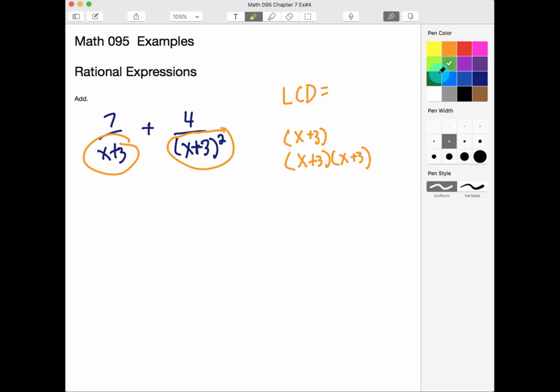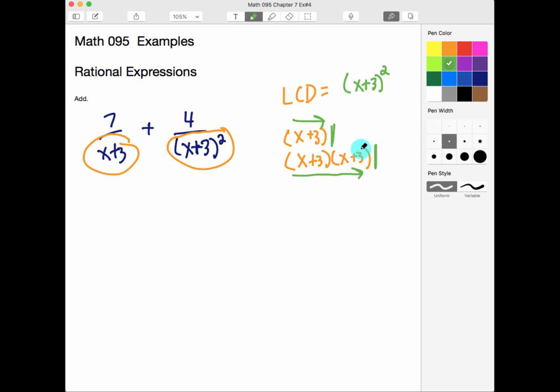If I kind of match them, this one only goes this far, and this one goes this far. I need to go the furthest with each of these factors. So the least common denominator is going to be x plus 3 squared. I need to take the most of every unique factor, and that is my least common denominator.